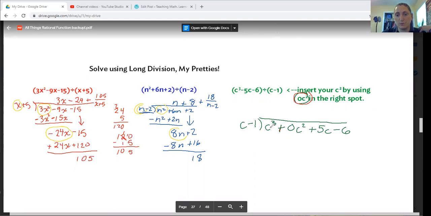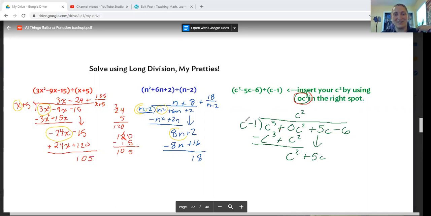C goes into c cubed, c squared times. See how now it's lined up with the c squared row? This is why I was being finicky about it before. This becomes c cubed, c squared times negative 1, negative c squared. Change our signs to combine, and suddenly we have 0c squared plus c squared is just c squared, and then we bring down our plus 5c.